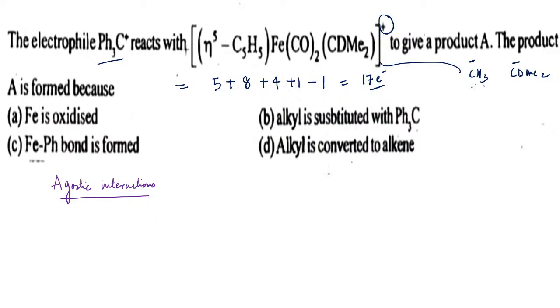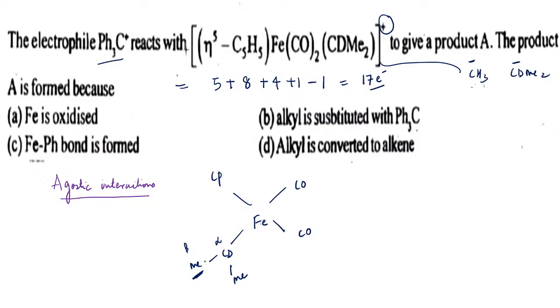Now if this complex has 17 electrons, it is highly unstable, and definitely it will try to achieve an 18 electron configuration. How can it achieve that? You can see this is the iron complex, and you have 2 carbonyl ligands, carbonyl, carbonyl, and you have CDMe2, and this is your cyclopentadienyl. You can see this is iron, this is alpha, and this is beta. Again you have beta hydrogens in this complex, so this is highly unstable.